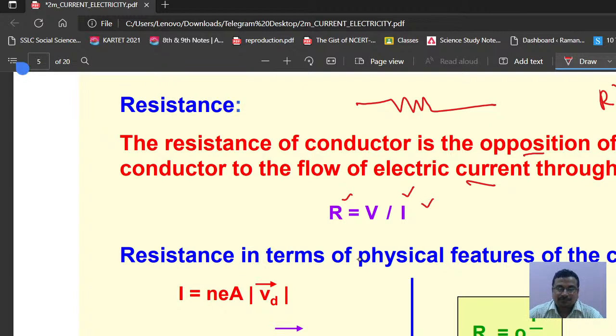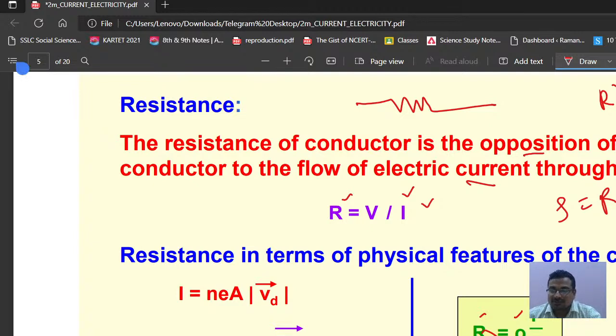Now this symbol is rho, which shows resistivity. So resistivity can also be written by cross multiplication as rho = RA divided by L. So what do you mean by resistivity?